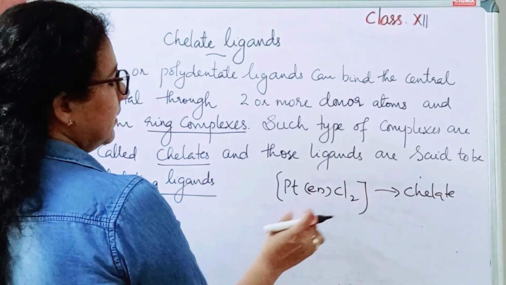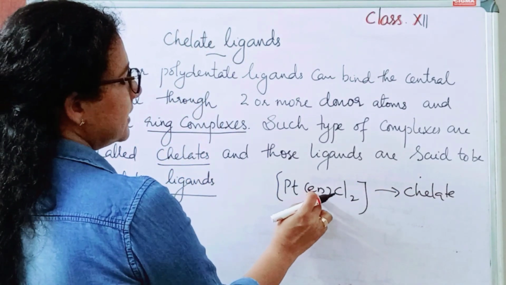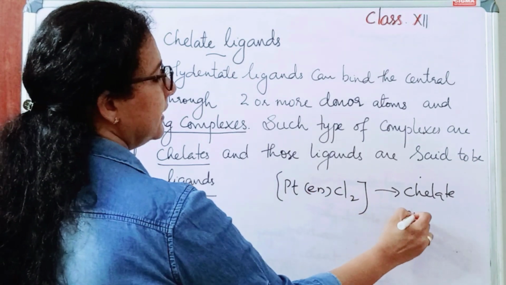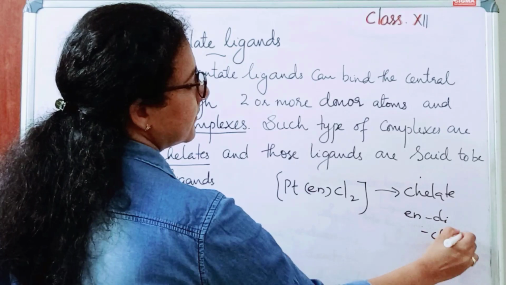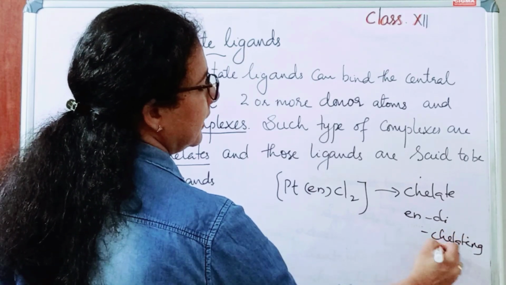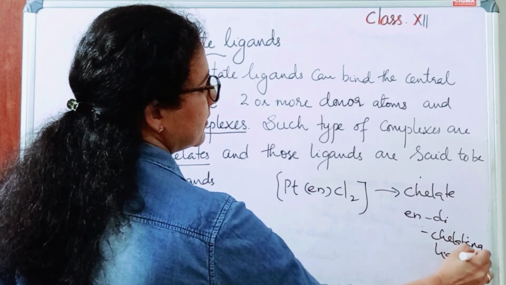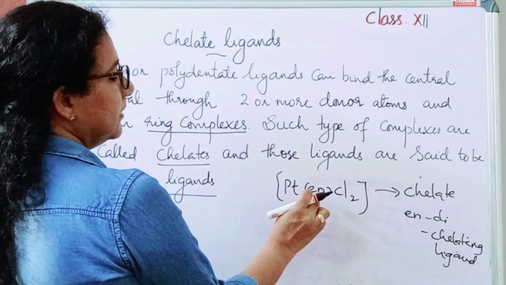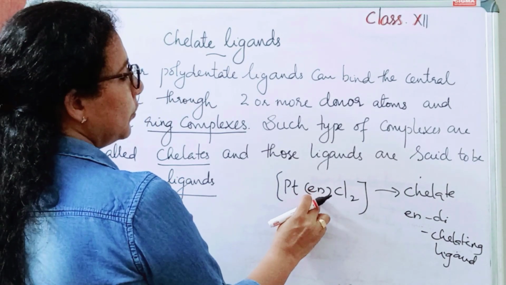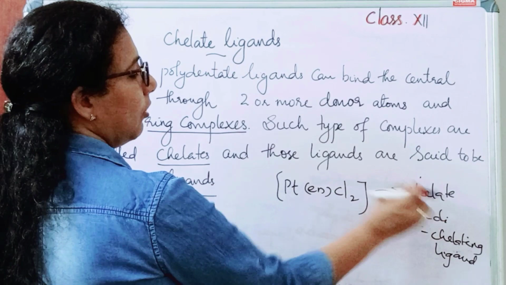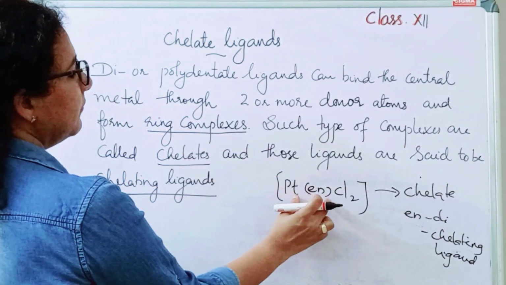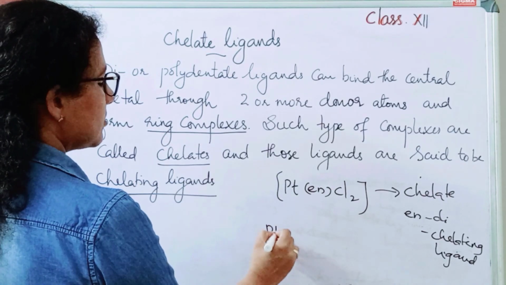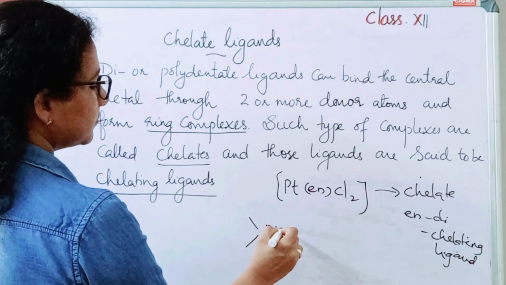Because it has En. En is a didentate ligand, a chelating ligand. So there is a chelating ligand in this particular complex, and it is a chelate complex that can form a ring. So we can draw the ring like this.